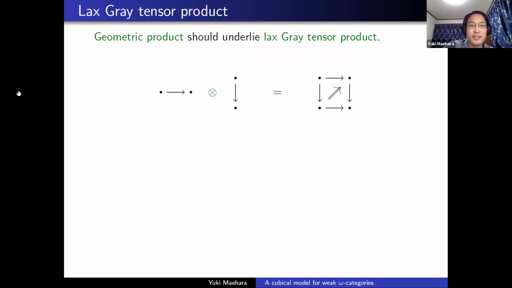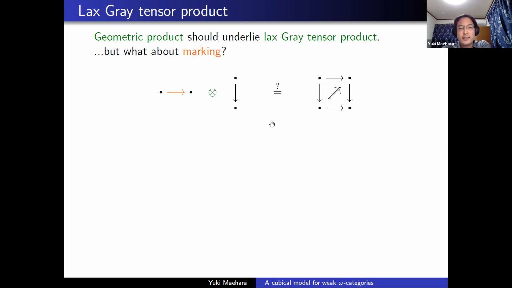Right, so the Lax Gray tensor product. On the underlying cubical sets, this Gray tensor product is just given by the geometric product. But now we have to worry about the markings. So for example, what happens if we tensor the marked one cube with the unmarked one cube?